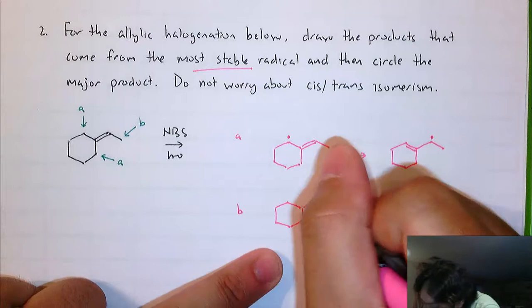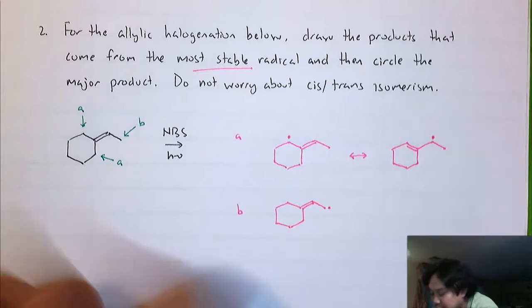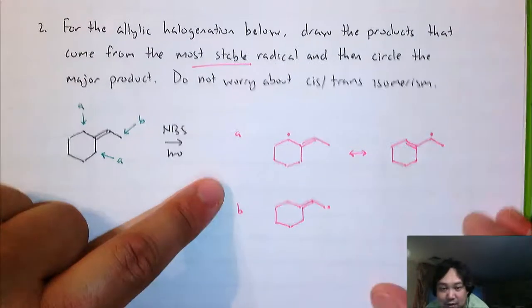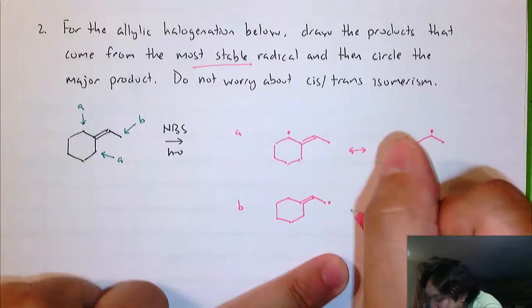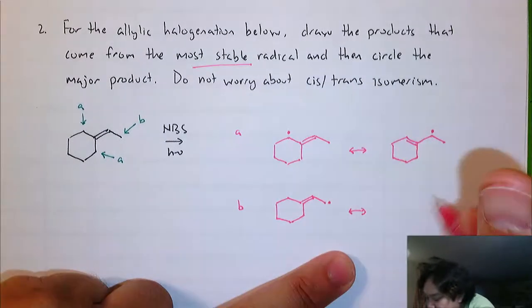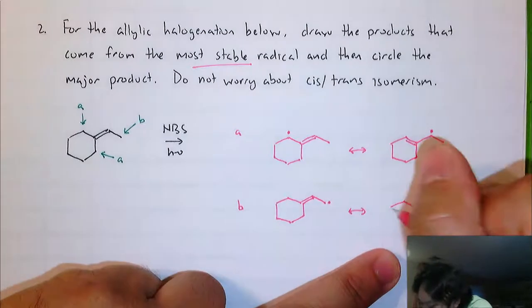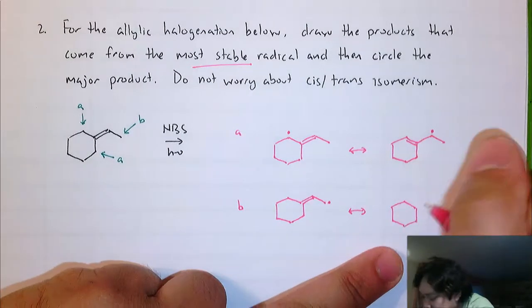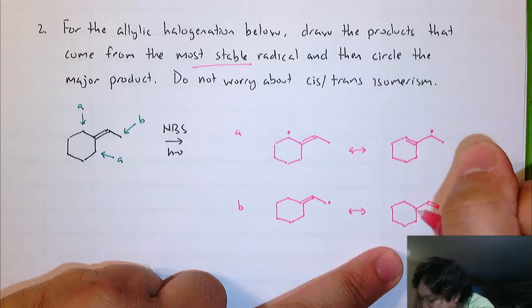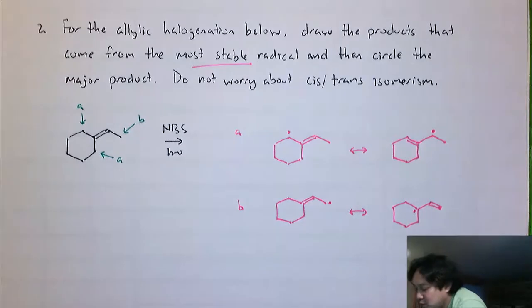See, the problem is asking to draw the products from one of these two radicals. Some of you are saying, what do you mean two radicals? It looks like you have four radicals. Not technically. Let me just double check this.